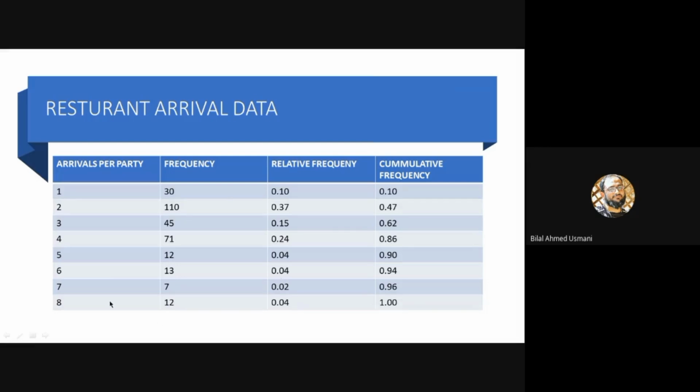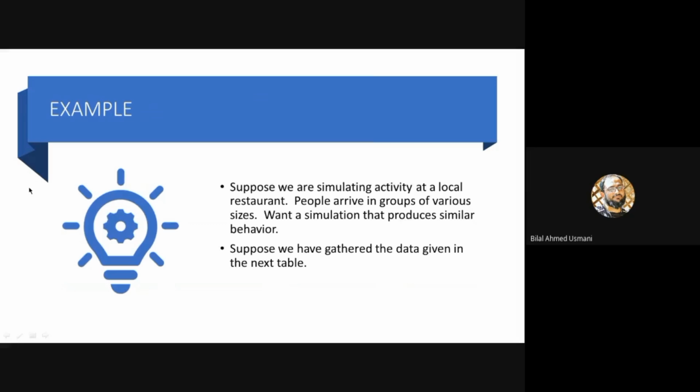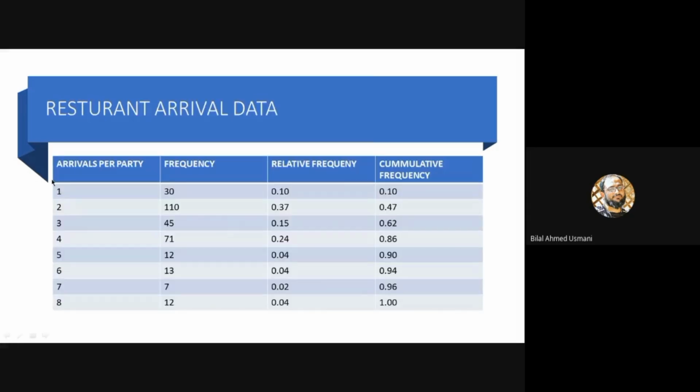So this is a very simple data set of arrivals per day. We are looking at groups of size 1, size 2, size 3, till groups of size 8.